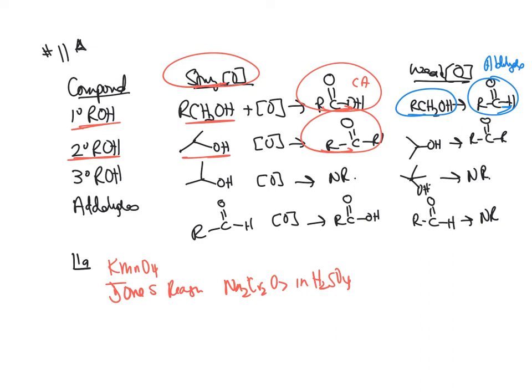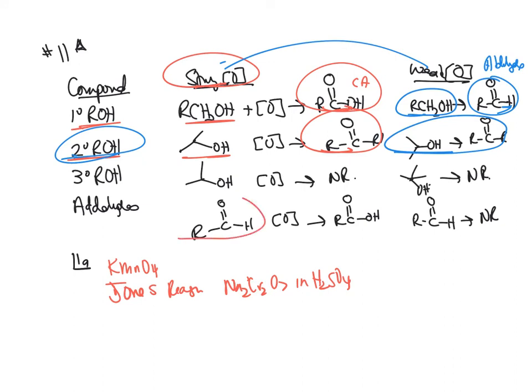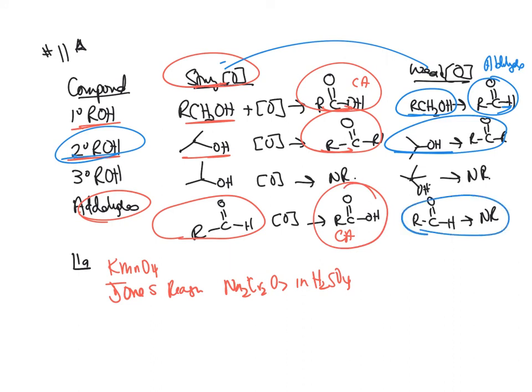And what about weak oxidizing? Also ketones. So this is the same for secondary alcohols. They're the same. Okay, what about strong oxidizing reagents for aldehydes? Aldehydes go to carboxylic acids, and for weak, there's no reaction.